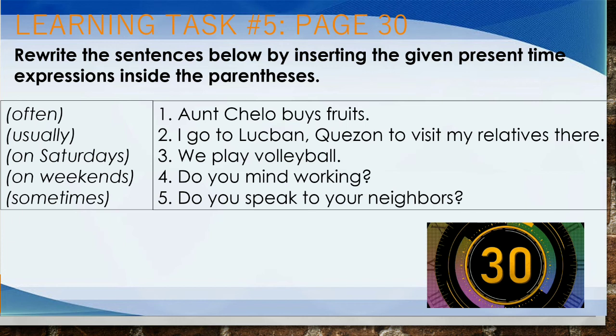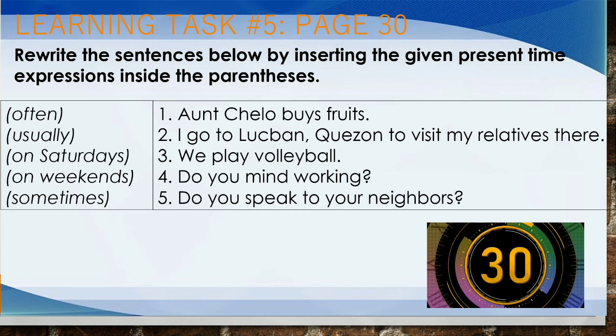Number 4, do you mind working? Rewrite it by inserting the given present time expression on weekends. And number 5, do you speak to your neighbors? The time expression is sometimes.